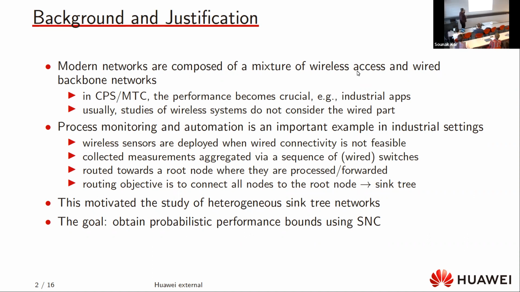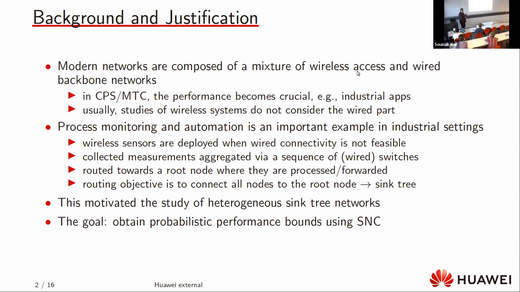They usually deploy wireless sensors in places where wired connectivity is not possible. All these sensors provide measurements, which could be video or other measurements, and they are collected by a wired network and forwarded to a sink.